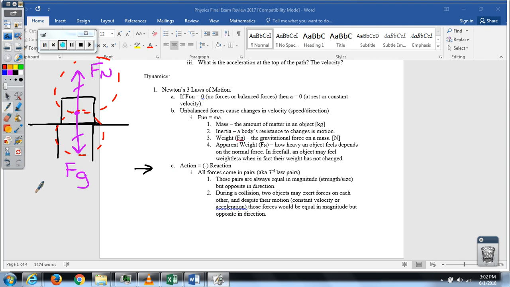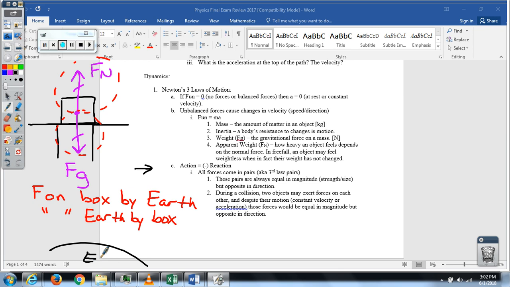This gravity is, in this case, the force on the box by Earth, and what he says is there is another force that's not on this free body diagram, that is a force that the Earth is feeling from the box. So the Earth is down here, and the Earth is feeling a pull upward, and that's equal and opposite of that force.